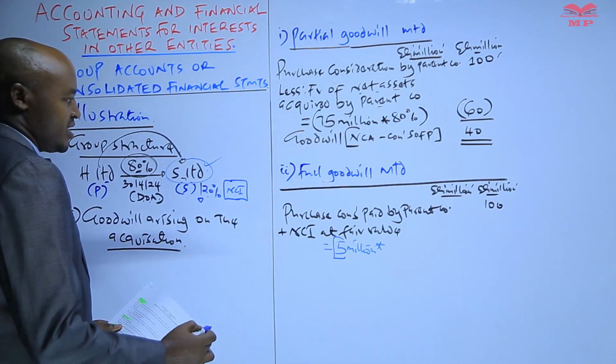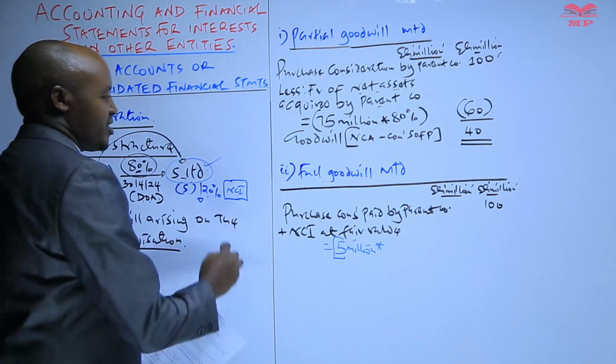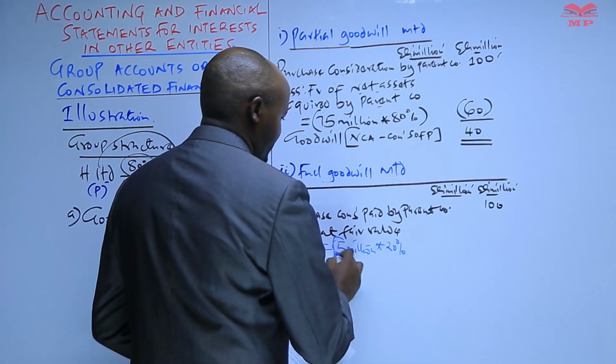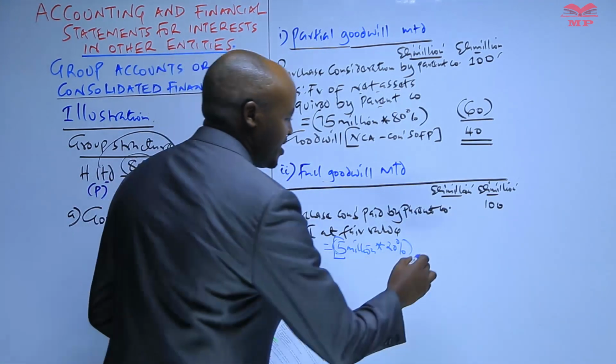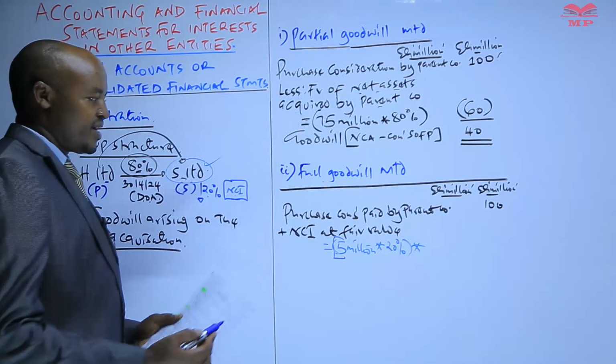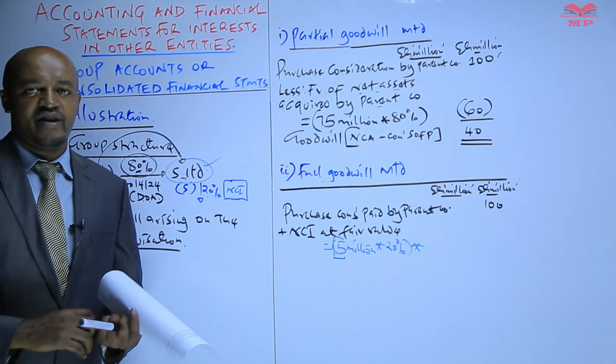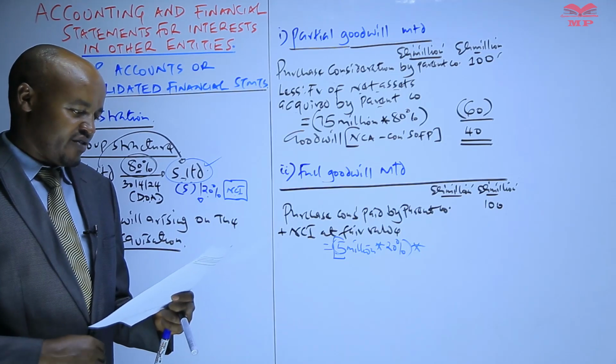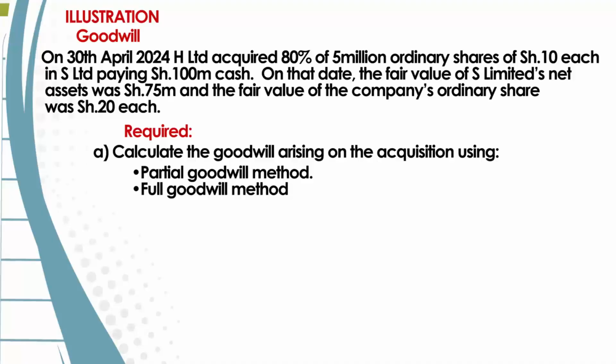So what are we interested in? Shares held by the NCI, shares acquired by minority shareholders, which will be 20%. This will give us the shares acquired by the NCI. And then we need to multiply those shares by their market value, or fair value, on the date of acquisition. If you go back to the information given in the illustration, in sentence number 2, we are told that on the date of acquisition, the fair value of S Limited net assets was 75 million and the fair value of the company's ordinary shares was 20 shillings.